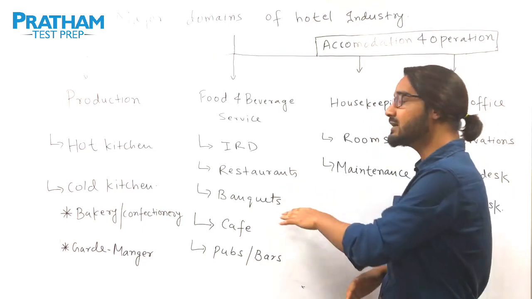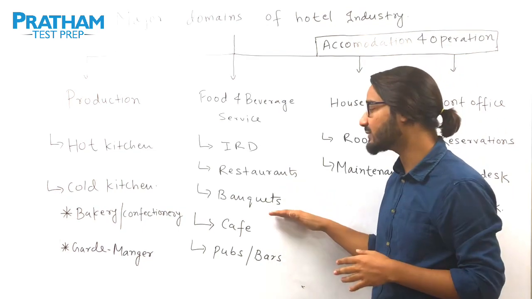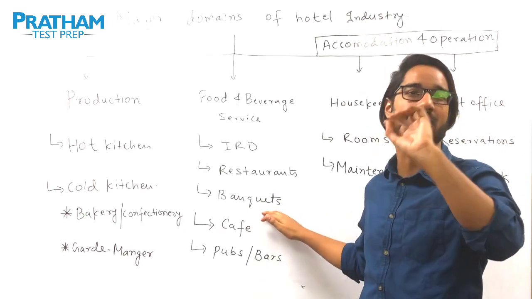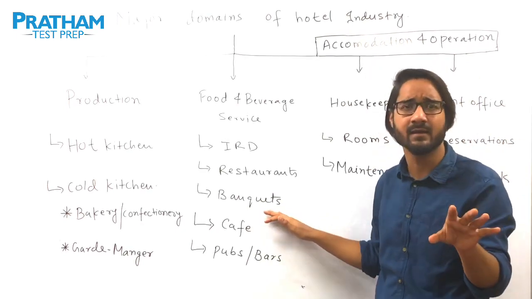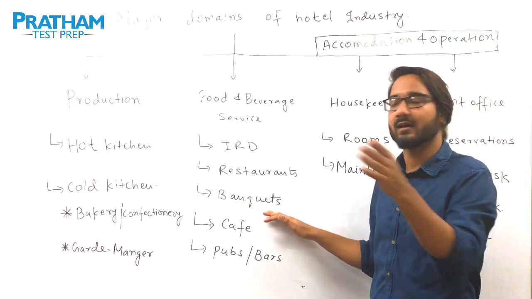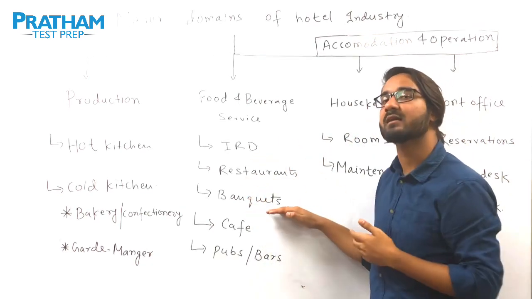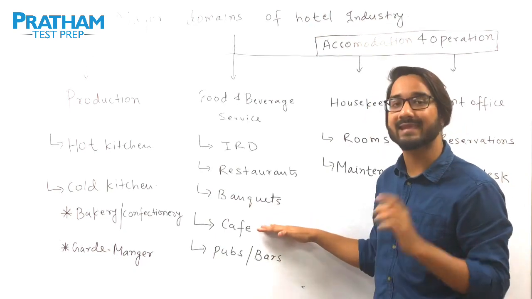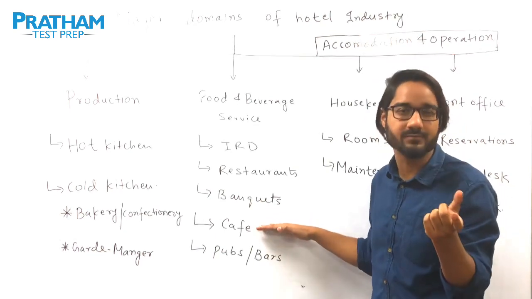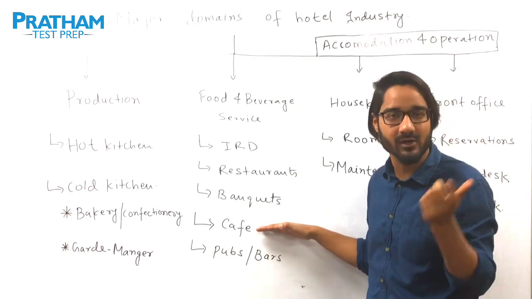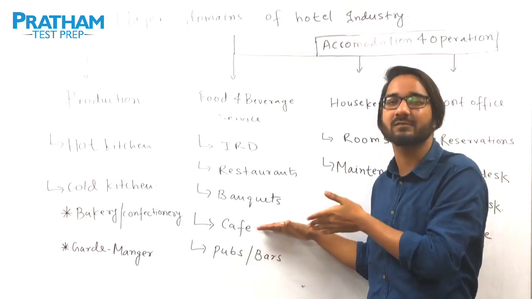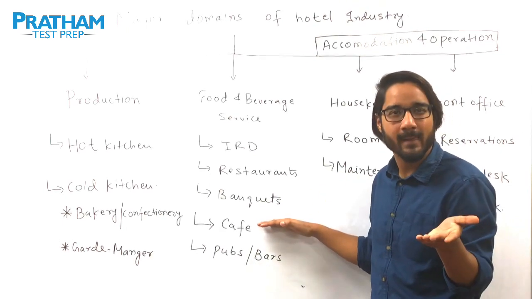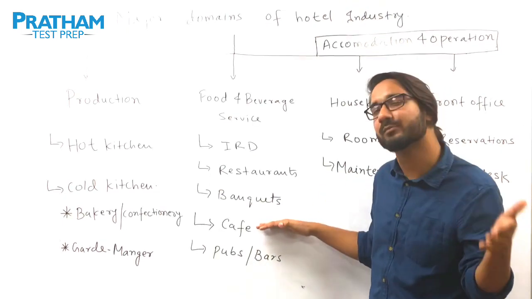Our third would be the banquets. It might be your conferences, any sort of workshops, your weddings, receptions or anything. All the events usually come under the banquets. Our next part would be your cafes. Any sort of coffee shops where they serve you beverages usually come under the cafes, which are usually not open 24 hours, but it depends from property to property.